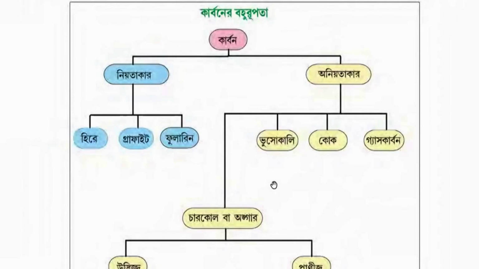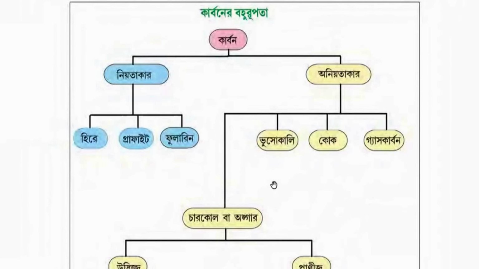It does not possess very good absorption or color removing property, but it can be used as a fuel, and that coal is used in our thermal power plants for the production of steam to run the turbines. So these are the major uses of charcoal. You have to learn these uses.